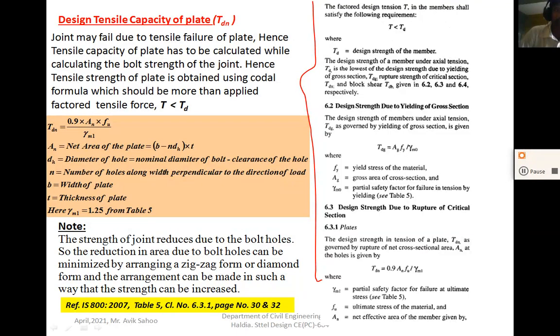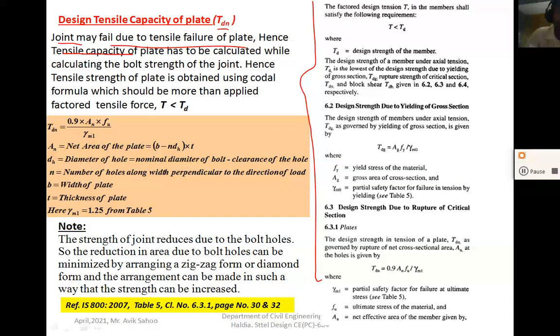Now the design tensile capacity of the plate is denoted by Tdn, the nominal design tensile capacity of the plate. Now we see that a joint may fail due to tensile failure of the plate.